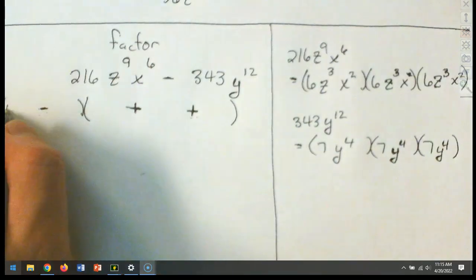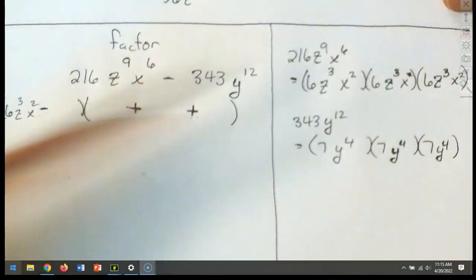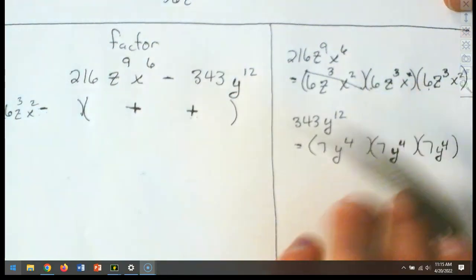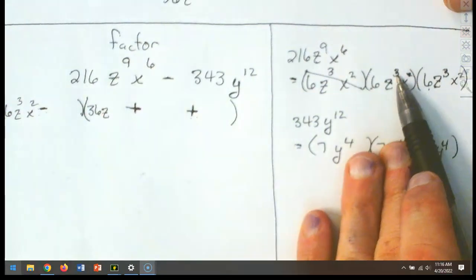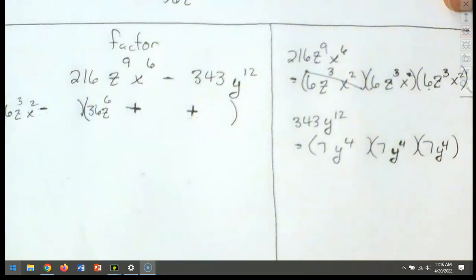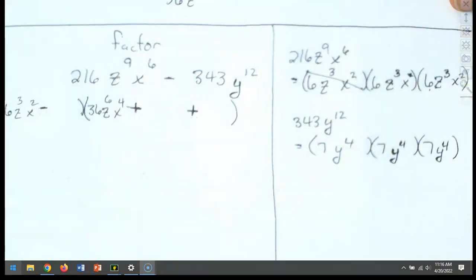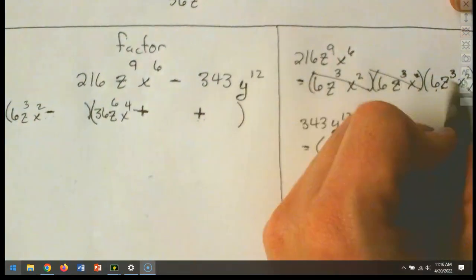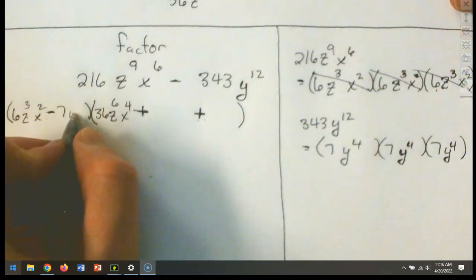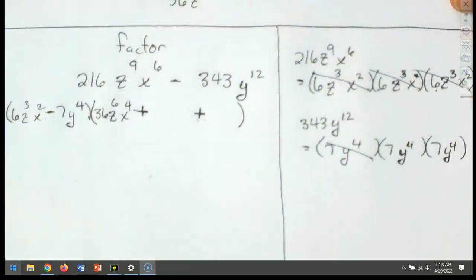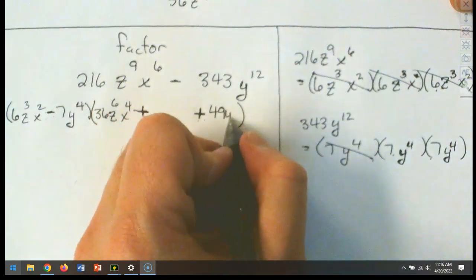Okay, so we've got here 6 z cubed x squared, gone. 6 times 6 is a 36. Z's, we've got 3 and 3 more, makes it z to the 6th. And x, we've got 2 and 2 more, makes it x to the 4th. Gone and gone there. For the 343, we've got 7 y to the 4th, gone. 7 times 7 is 49. 4 and 4 more makes it y to the 8th.